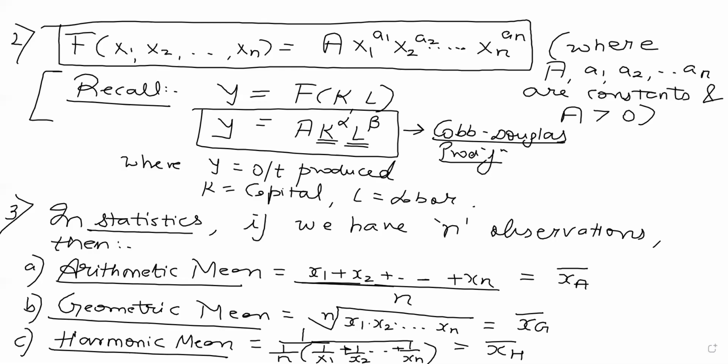Clearly you can see that out of arithmetic mean, geometric mean, and harmonic mean, only the arithmetic mean is a linear function. It is a linear function of the xi's: x1 plus x2 plus dot dot dot xn, divided by n.